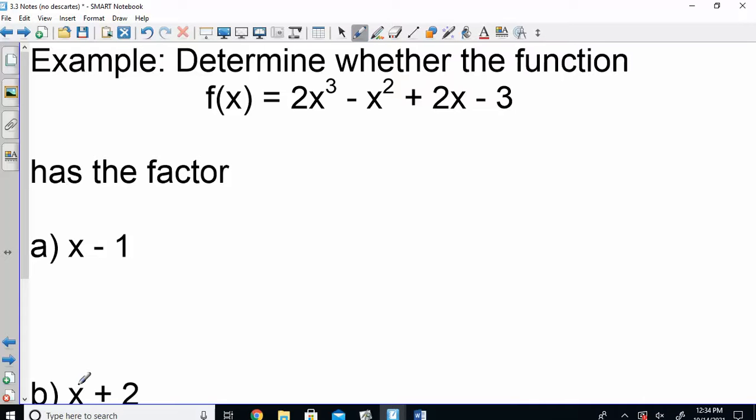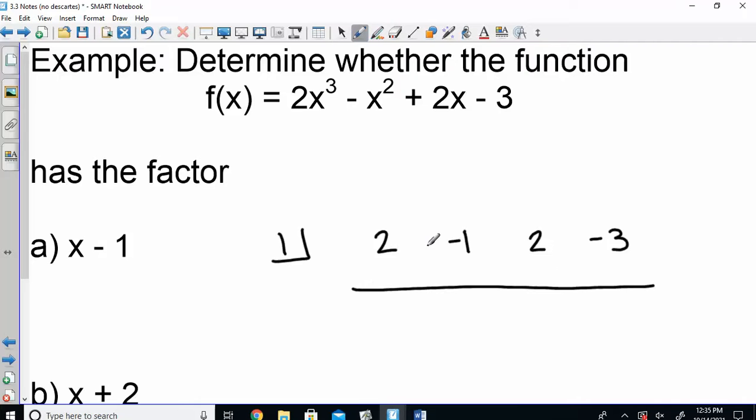So, two ways of doing this. Our first example, I'm going to show you two ways of solving it, and you can tell me what you like. If I want to know if x minus 1 is a factor, what could you do? Yeah, we could do our synthetic division. In the box, you put the zero, or what makes x minus 1 equal 0: 1. And then I put my coefficients. 2 comes down, multiply, you get 2, add, you get 1.